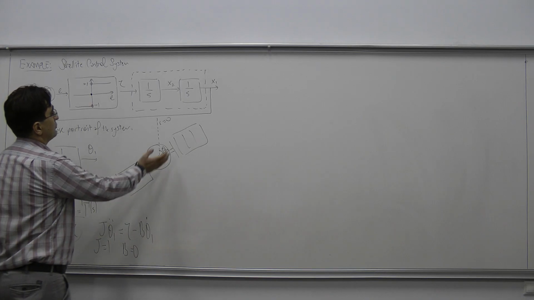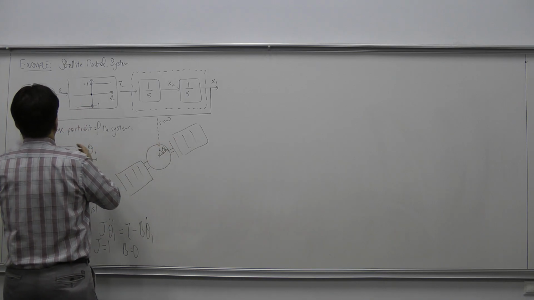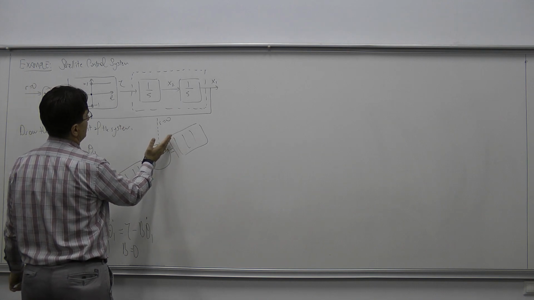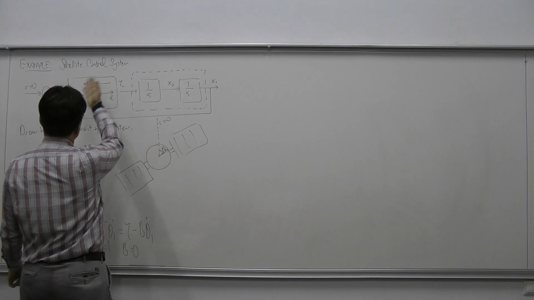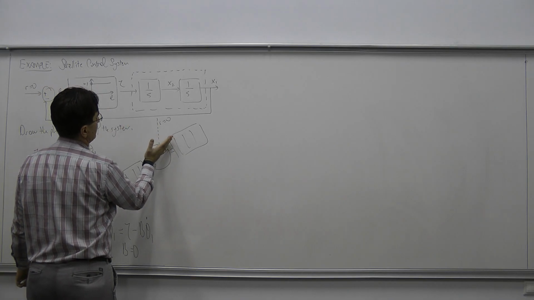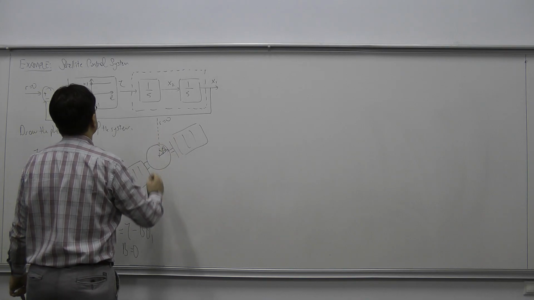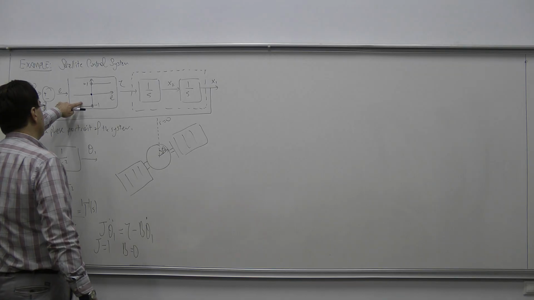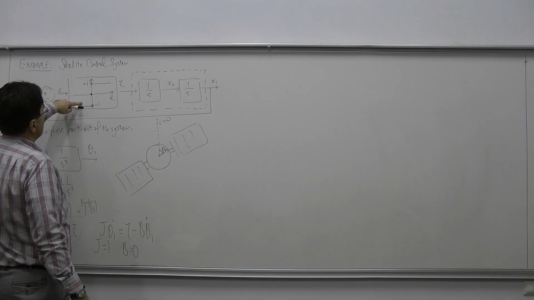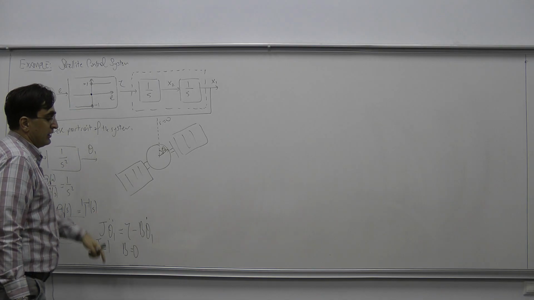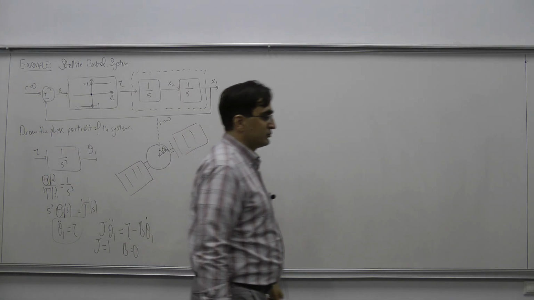Okay? Suppose that theta is positive. In that case, we just apply a torque whose direction can be defined here in order to bring the angle of the satellite to 0. And if the error is negative, in that case we just apply a negative torque.